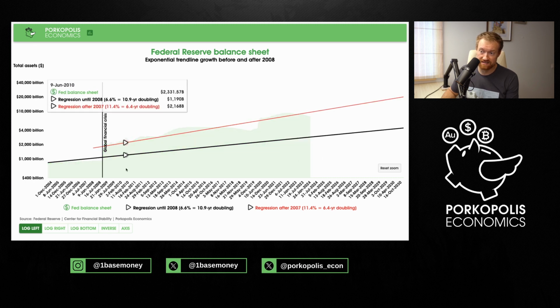And you can see when you look at exponential growth on log scale, those numbers can diverge quickly. Okay, so it seemed not so far apart here, the start of the growth curve in 2008. Okay, it still was $700 billion apart as far as where the growth curve starts.